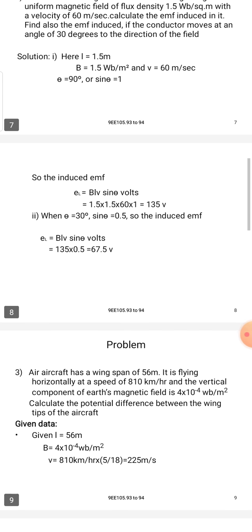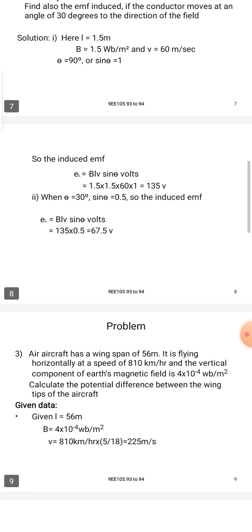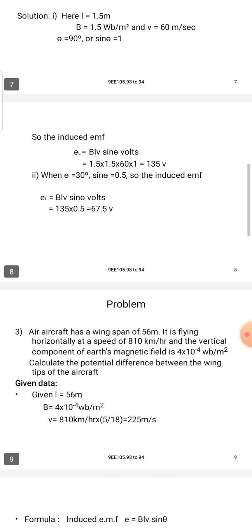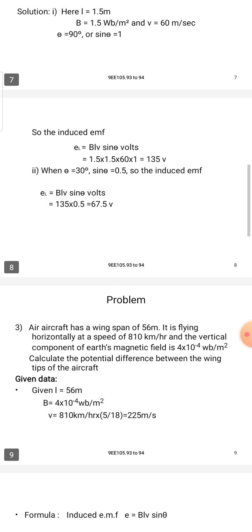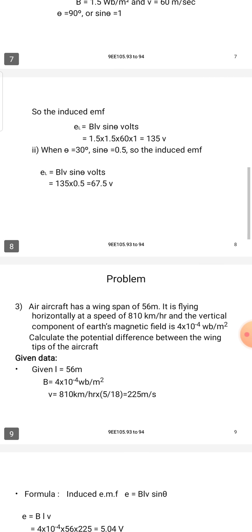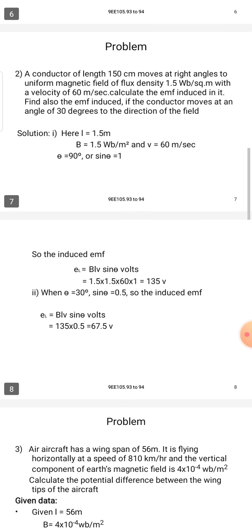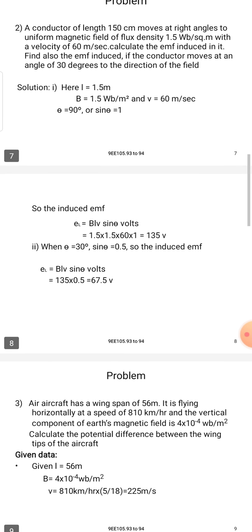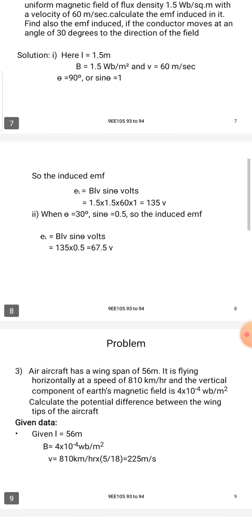You can substitute the given values: B is 1.5, L is 1.5, velocity is 60, sin 90 is 1. You get the answer at 90 degrees as 135 volts. Induced EMF is 135 volts at 90 degrees.